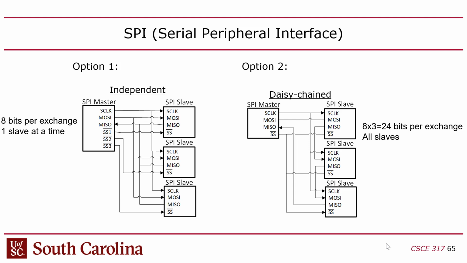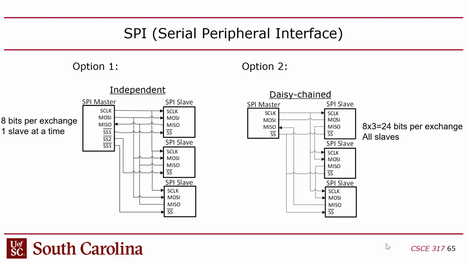Another approach is a daisy chain approach, where you treat this whole thing like a big shift register. The MOSI comes out of the master and goes into the slave, and then that slave is the master for the next slave, and that slave is the master of the next slave. So you create this shift register. The problem with that is that all of the slaves have to be involved with every exchange, and the exchanges now have to have a number of clock cycles that allow all the bits that form this 8 times 4 bit register to shift all the way around, right?